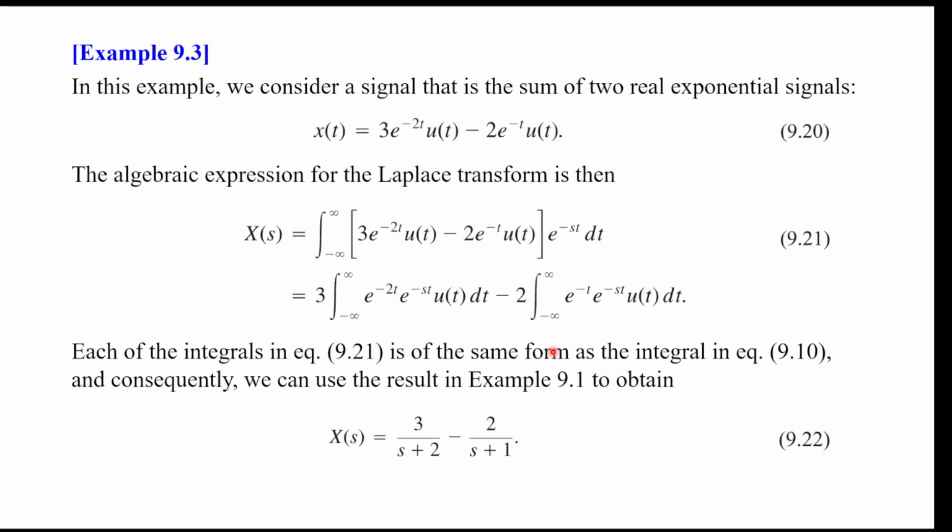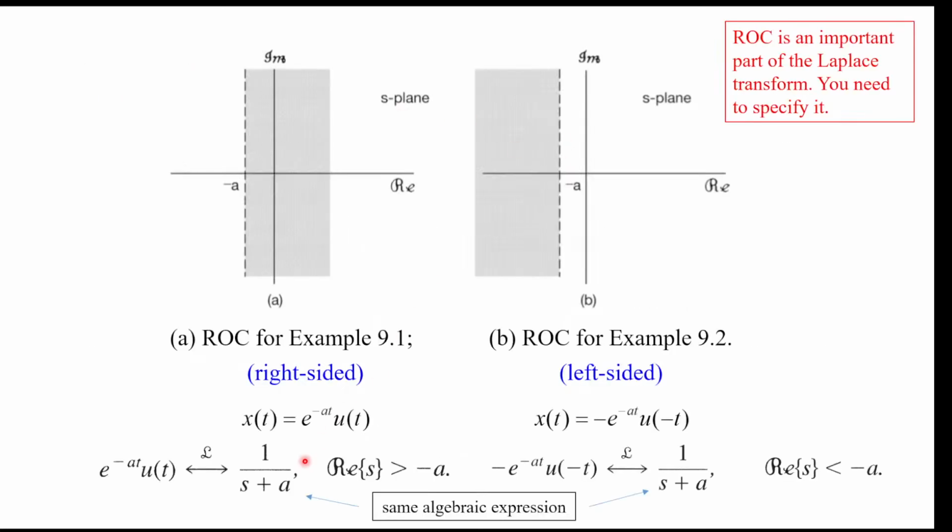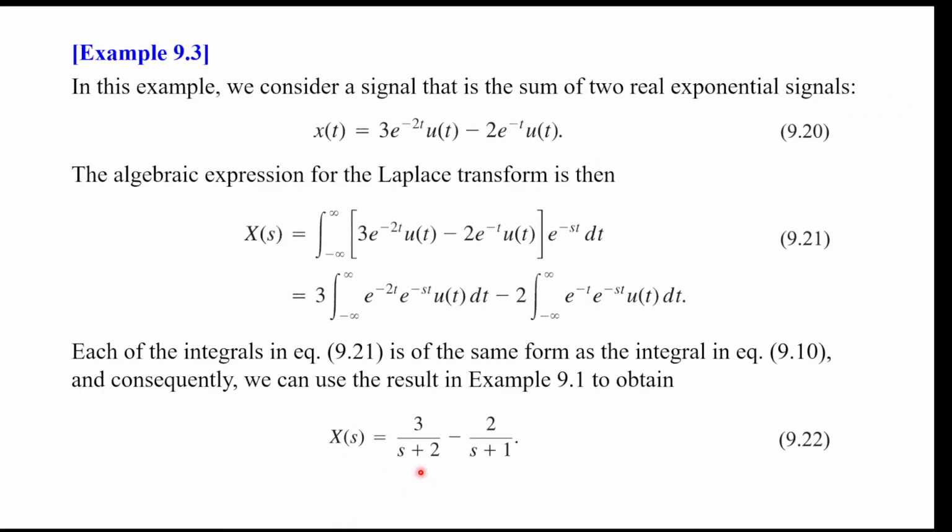Okay. And so individually, we know these two parts have different ROCs. In this example, we have that e to the minus at u of t has Laplace transform 1 over s plus a, with region of convergence being real part of s greater than minus a. And so these two parts both satisfy this form.